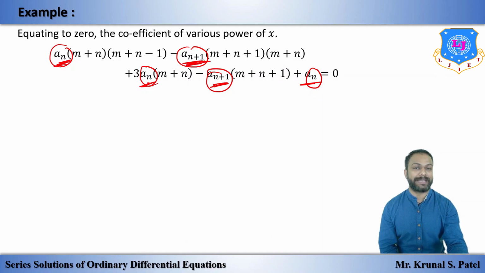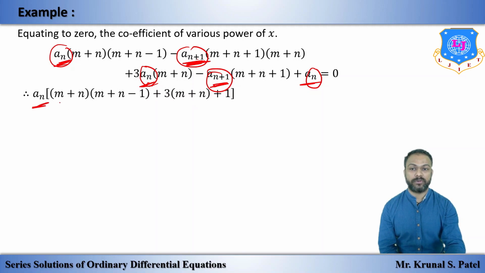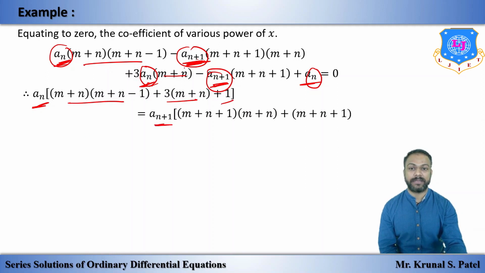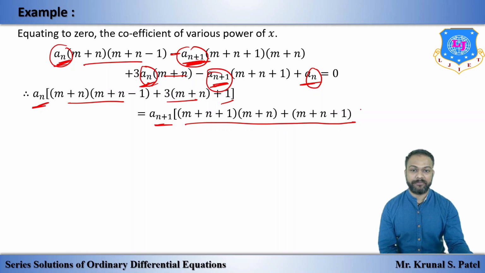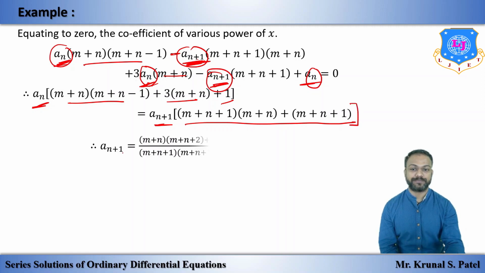So an is common in these two terms, this first term, this second term with 3, and this is 1. The an plus 1 term we take on the right hand side, so both minus signs become plus, and we take an plus 1 common. Now we simplify, and we have an plus 1 equal to this entire term divided by this term.